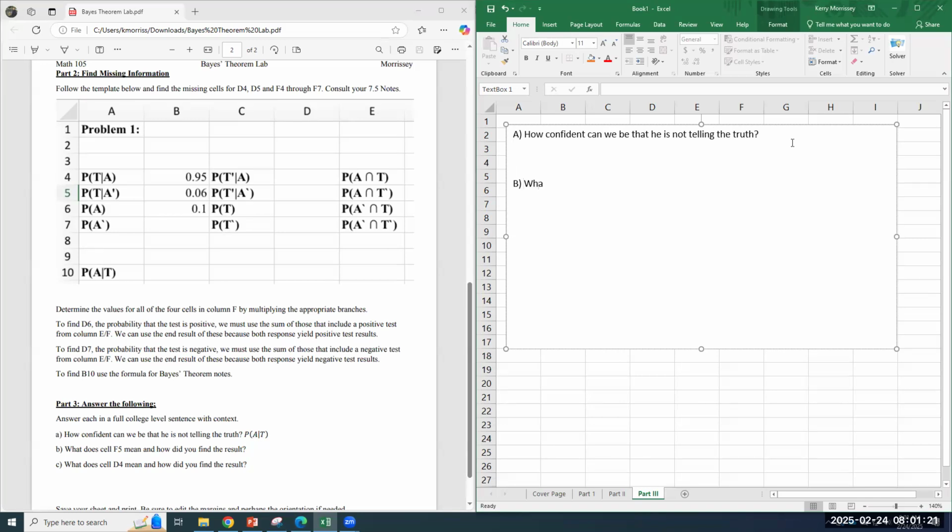B is, what does cell F5 mean, and how did you find the result? C, what does cell D4 mean, and how did you find the result?